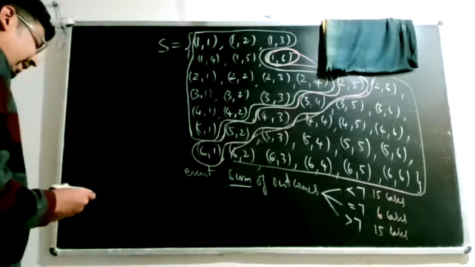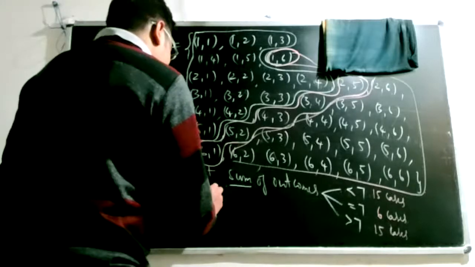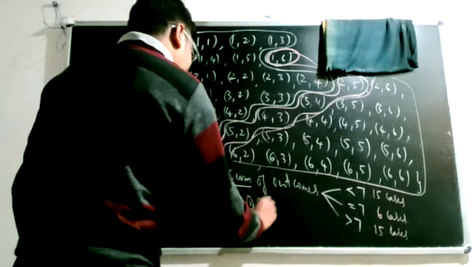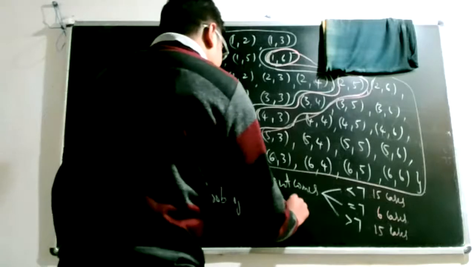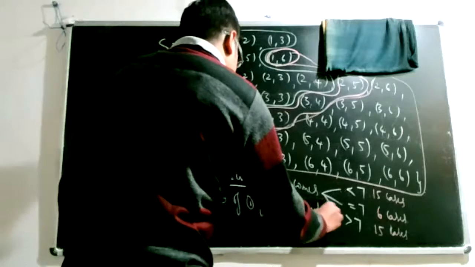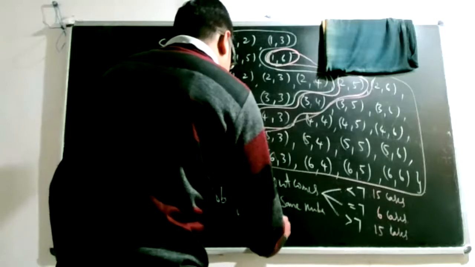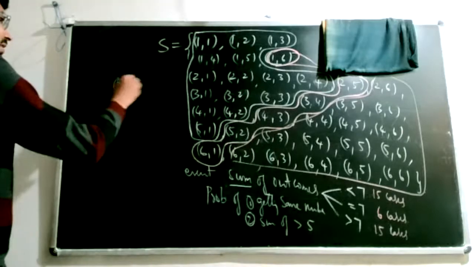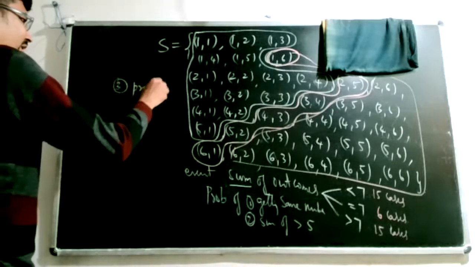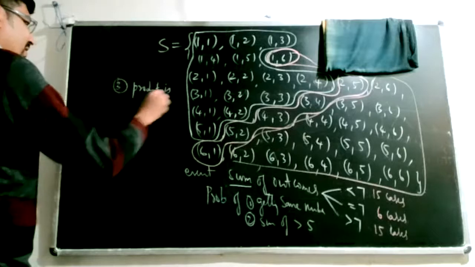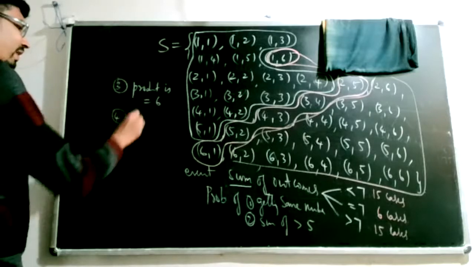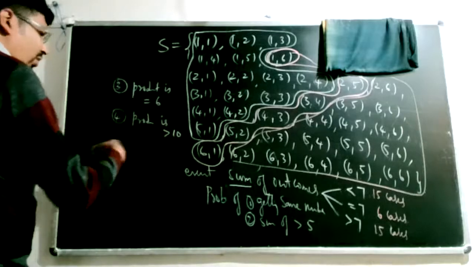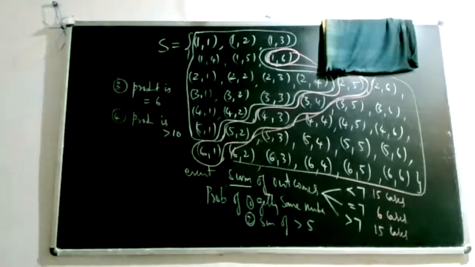So there could be various such events. The question could be like: find the probability of getting the same number on both, getting a sum greater than 5, or the probability that the product of the numbers is equal to 6, or the event where the product is more than 10, or both are odd numbers, both are even numbers.